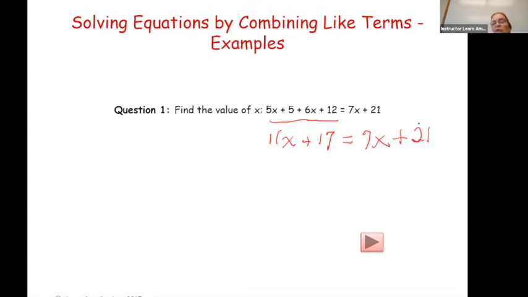Now, if we wish to have all of the terms with variables on the left side, we can subtract 7x from both sides, giving us 11x minus 7x, or 4x. We can subtract 17 from both sides, giving us 4. And so dividing both sides by 4, x is equal to 1.